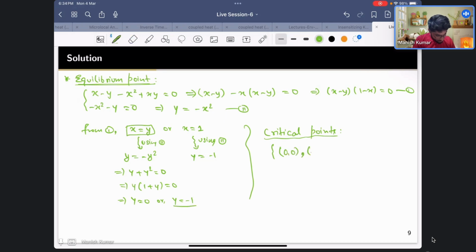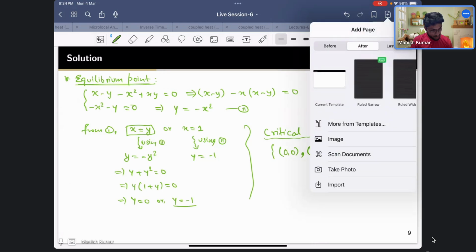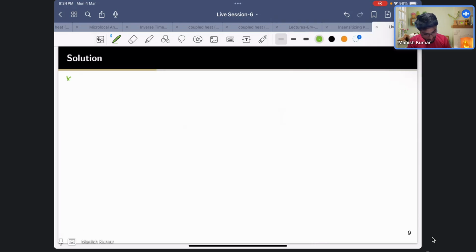Corresponding to y equals minus 1 we have minus 1 comma minus 1 as an equilibrium point, and corresponding to x equal to 1 we have 1 comma minus 1, right? So we have 3 equilibrium points for the nonlinear system. Now we'll see the linearization around each point. So let us look at the linearized system.